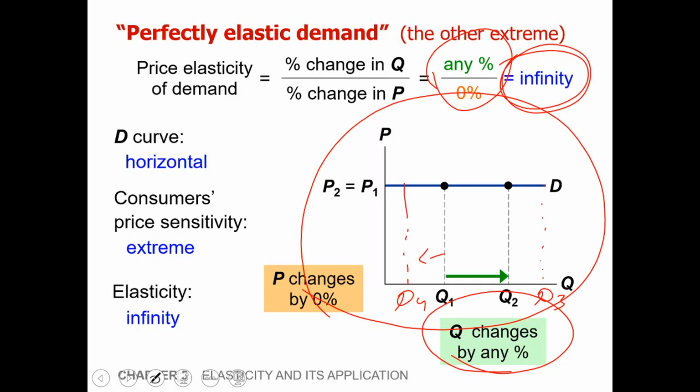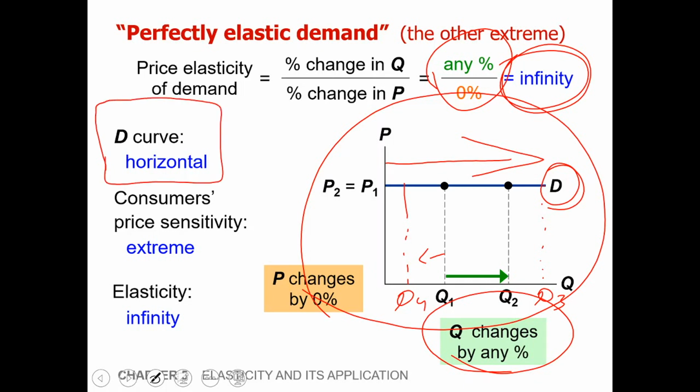In the other extreme case, as you can see, the demand curve is flat. It's going on the right side on the x-axis and going to infinity. So whenever we are talking about perfectly elastic demand, the demand curve is horizontal, consumers' price sensitivity is extreme, and elasticity is infinity.